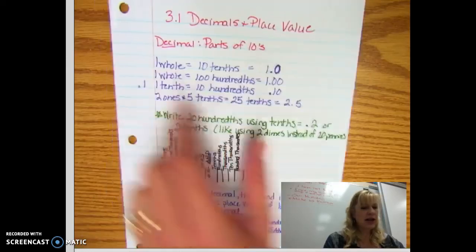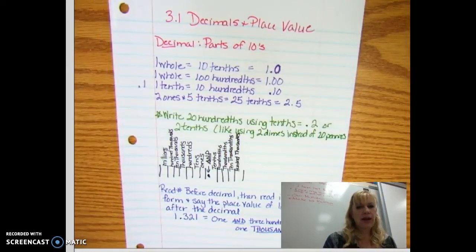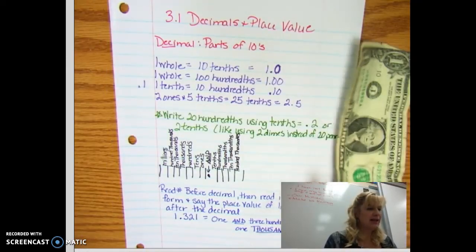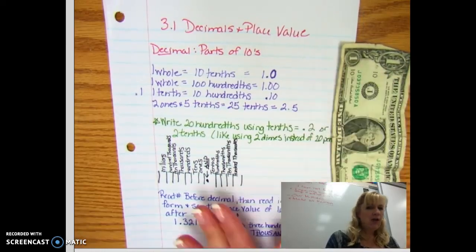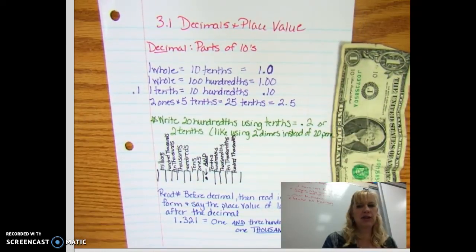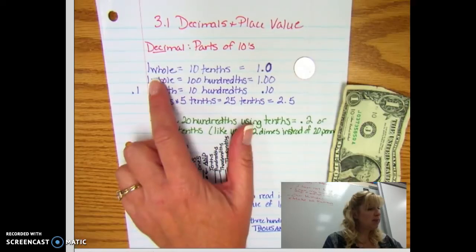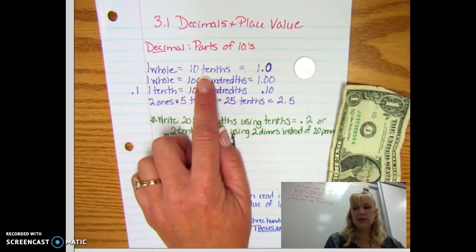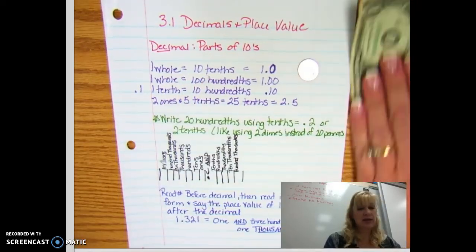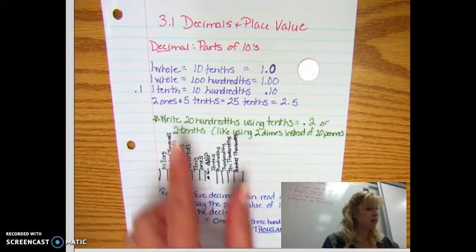So if we are talking about one whole, and I'm also going to lay out a dollar. By now, all of you know that if I wanted to break this dollar into dimes, I would need 10 dimes. So it makes sense that one whole equals 10 tenths. It's the same as one whole equals one dime.